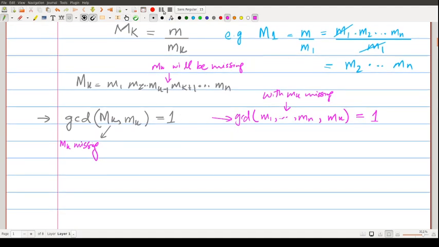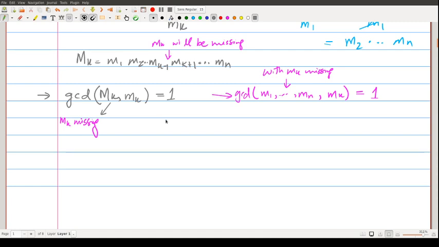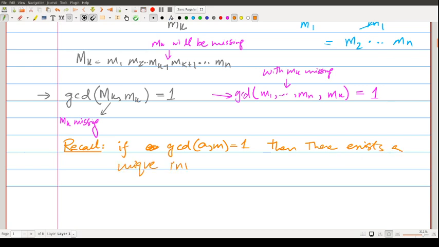And since they're relatively prime, this brings me to constructing the inverse. Recall that if the GCD of a and m equals 1, then there exists a unique inverse of a modulo m.